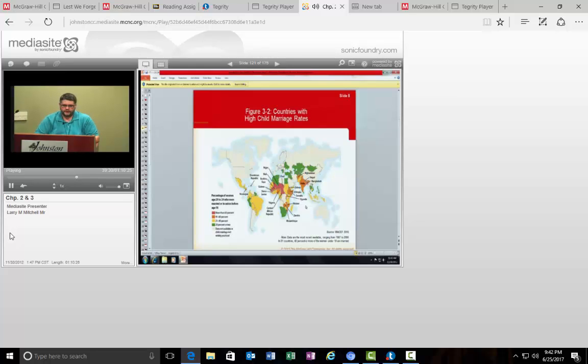All right, here's an interesting graph there, but it shows us countries with high child marriage rates, a lot of children there at a very young age, and we can see that geographically they seem to come from certain types of countries. We could further relate this to ways of life, and predominantly there, lack of education, lack of economic opportunity, an environment in which hard physical work is necessary to produce food in order to survive.